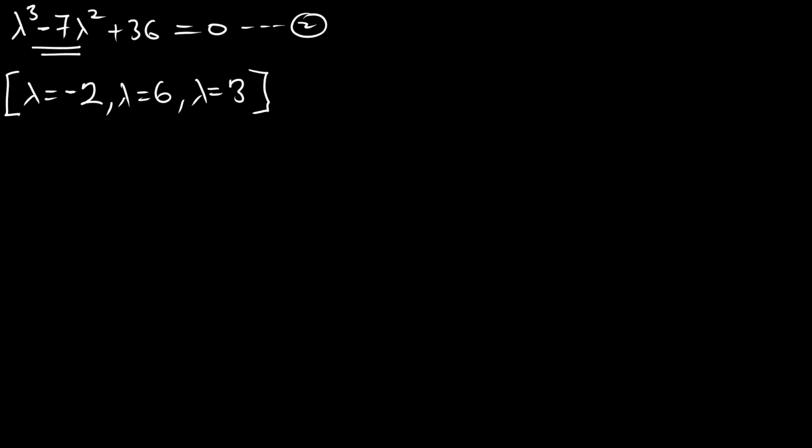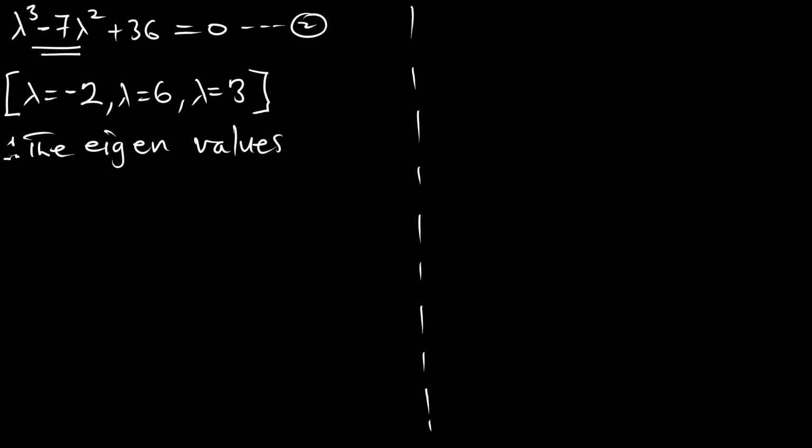Are you okay? So we've been able to find the values of the eigenvalues. So you can conclude here that therefore the eigenvalues for the matrix are negative 2, 6, and 3.